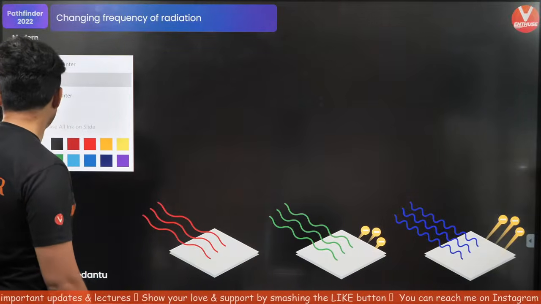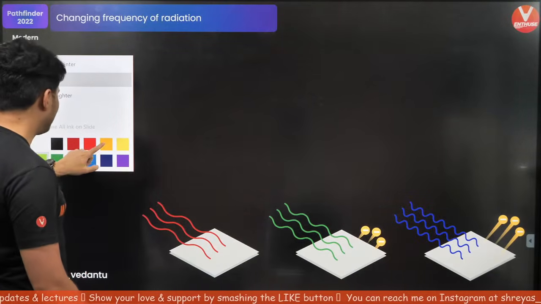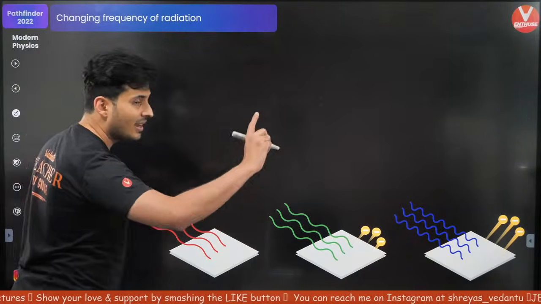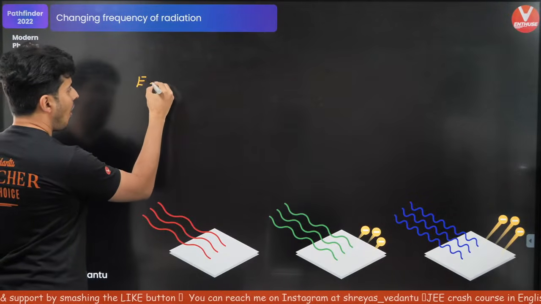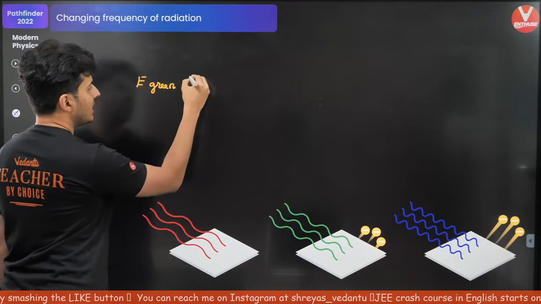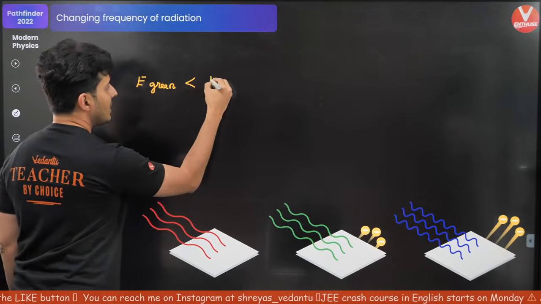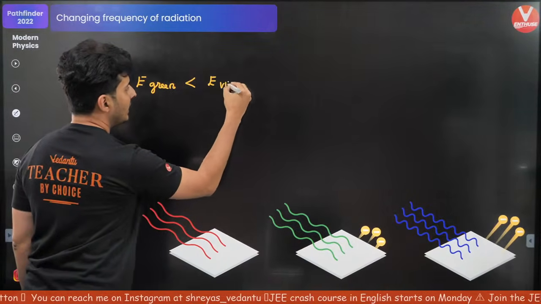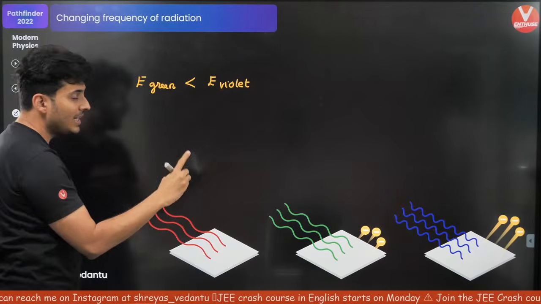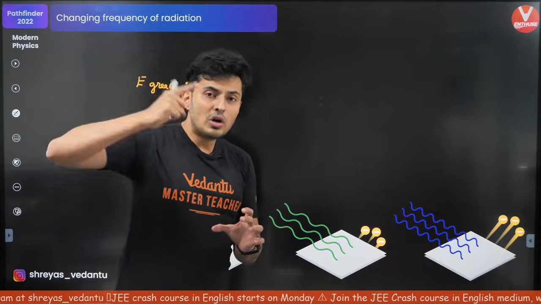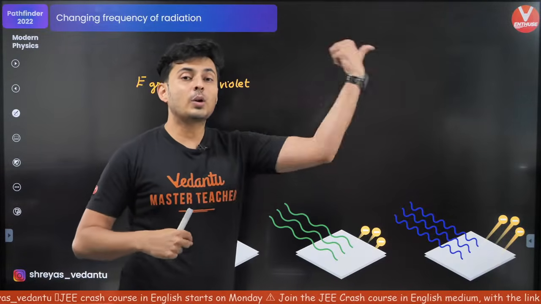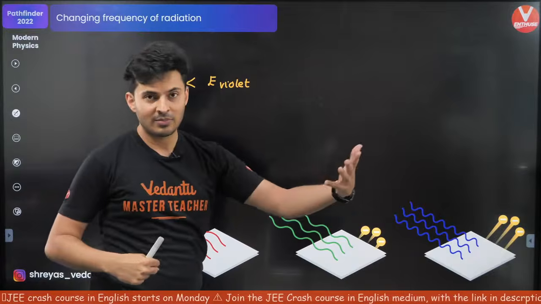Let me write it down over here. Out of green and violet, I can say the energy of the green light is less than the energy of the violet light. That means when the photons knock out the electron, it will also have more energy.